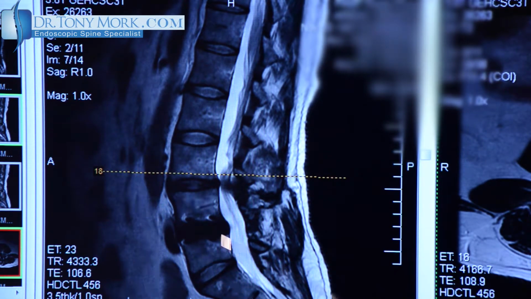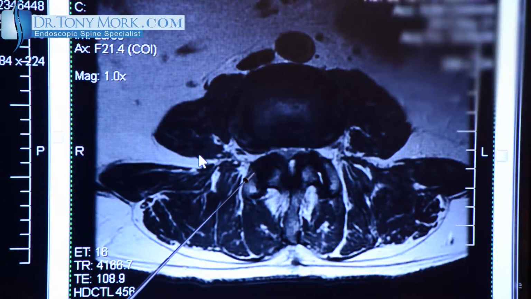The disc spaces that look good are here and here and here, but above the fusion, so one level above the fusion, we can see darkening of the disc, narrowing, some disc bulging, as well as some overgrowth posteriorly.